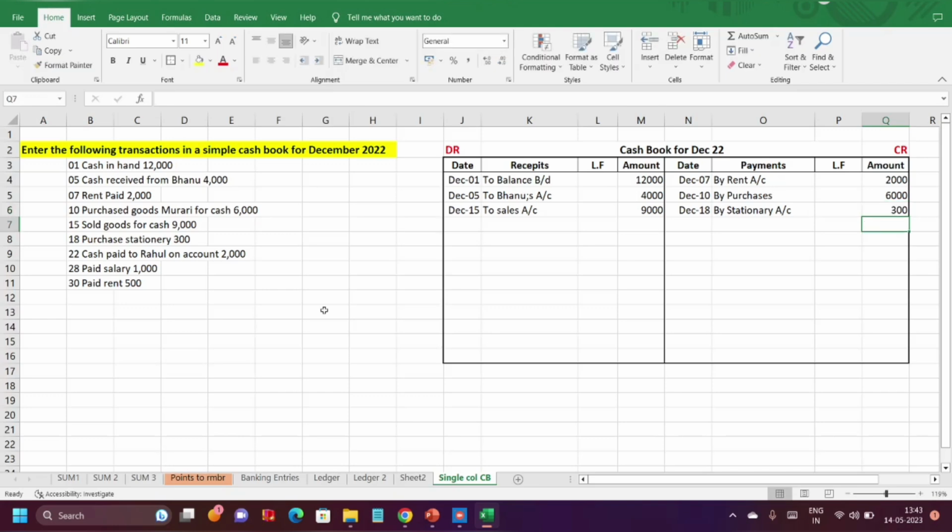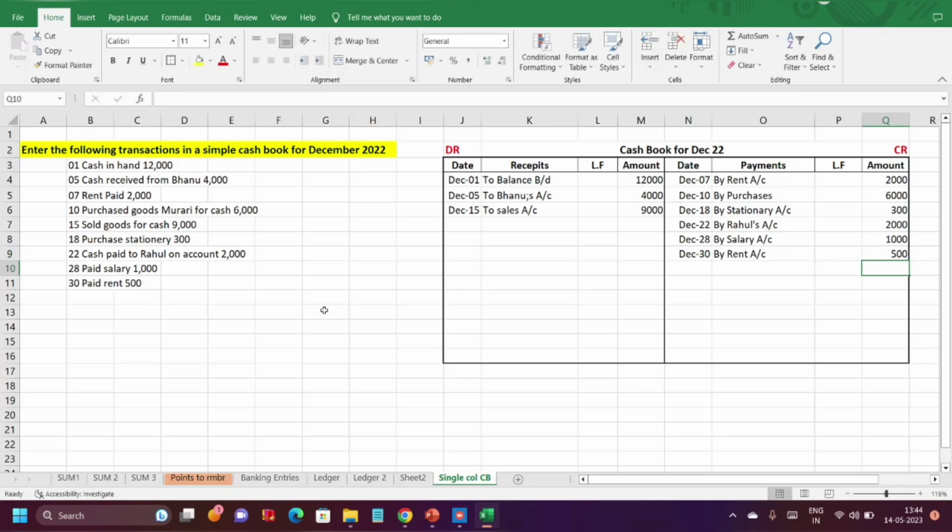Cash paid to Rahul on account 2,000. It is a payment, so December 22, by Rahul account rupees 2,000. Next we have paid salary, again a payment, on December 28th, by salary 1,000. And again December 30th, paid rent rupees 500.